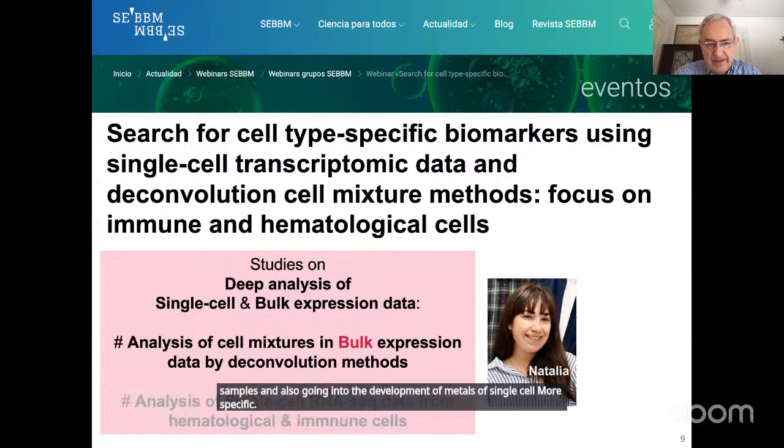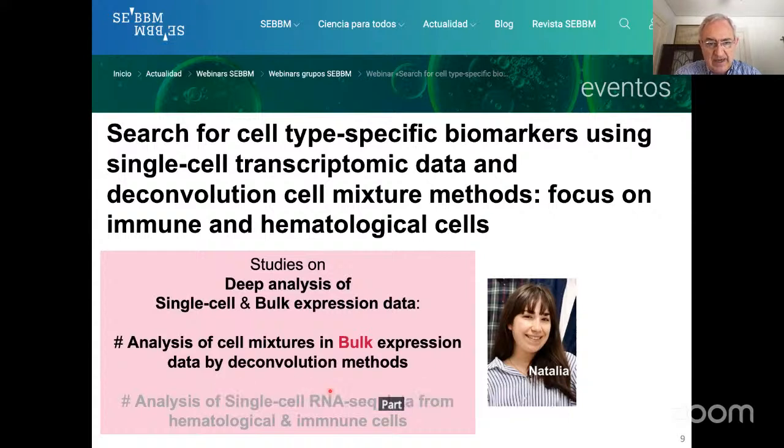The first part of my talk is about how we apply deconvolution methods to analyze bulk expression.